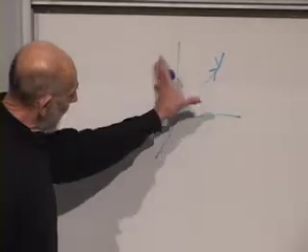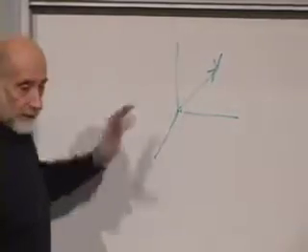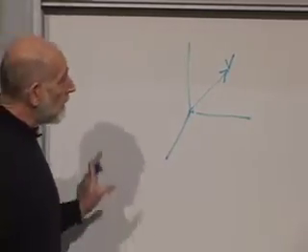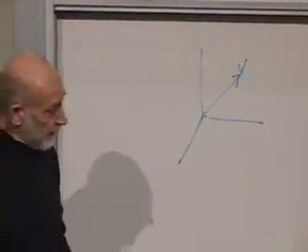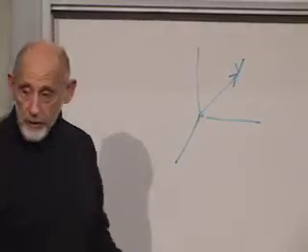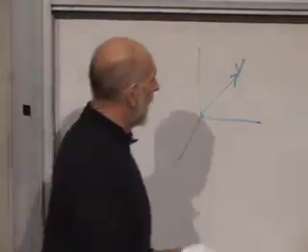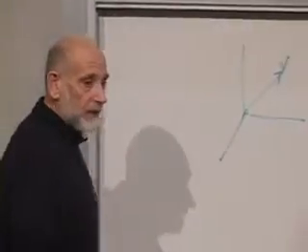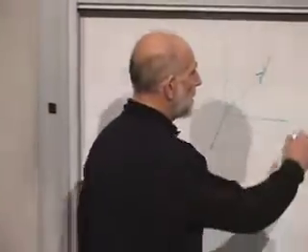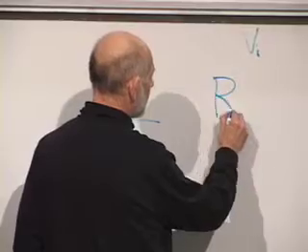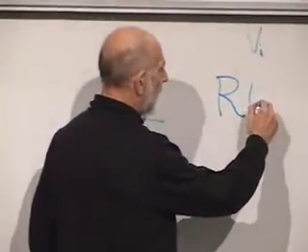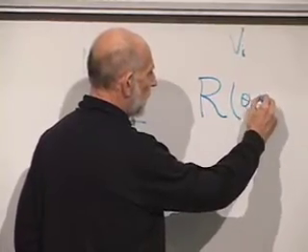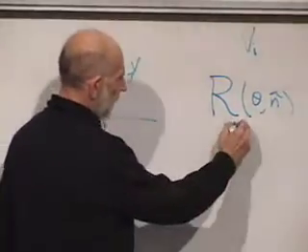Now, when you rotate, you can either think of rotating the axes or rotating physically the vector about some direction. Of course, the components vx, vy, and vz change, and they change by being multiplied by a rotation matrix. For every rotation about any angle, about any axis, there is a rotation matrix. The rotation matrix depends on the angle of rotation and the axis, and it is a matrix, Rij.